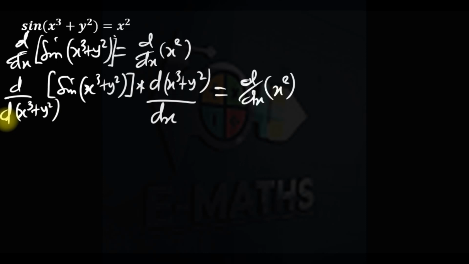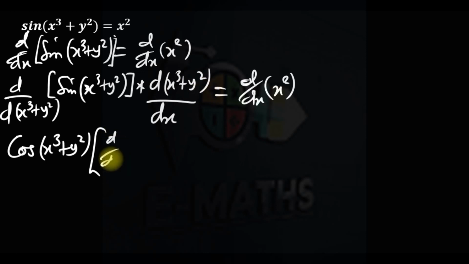So the derivative of sine is cosine. So we have cos of x cubed plus y squared times the derivative of this. And again, the derivative of addition is the same as the derivative of the two, x cubed plus the derivative of y squared equal to, okay, let's differentiate.